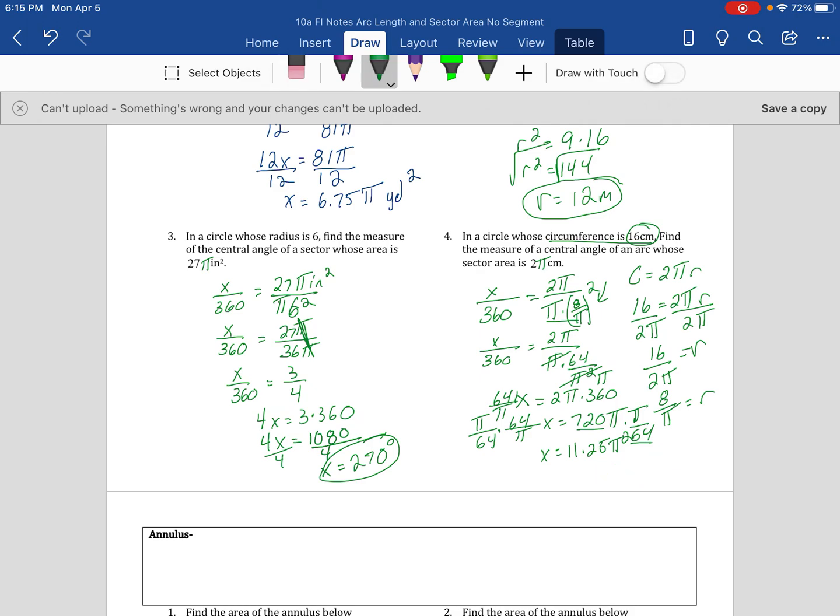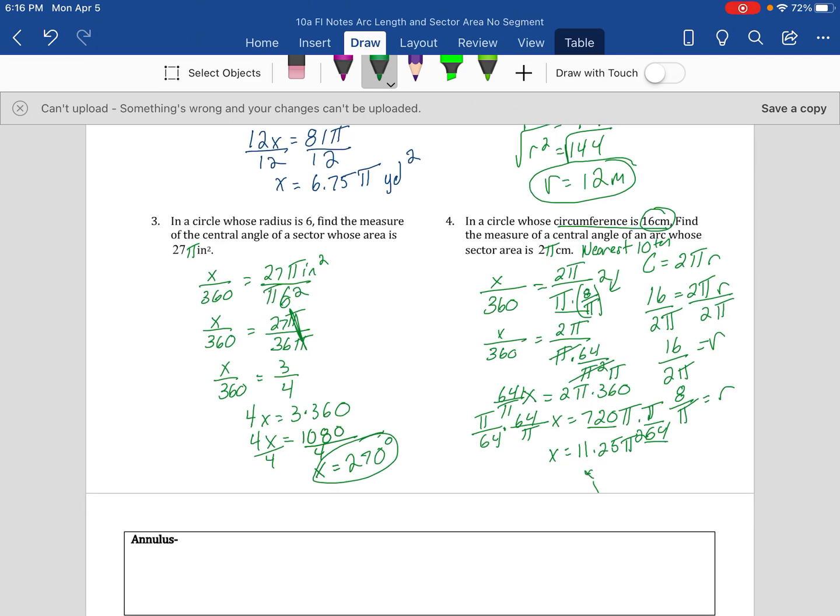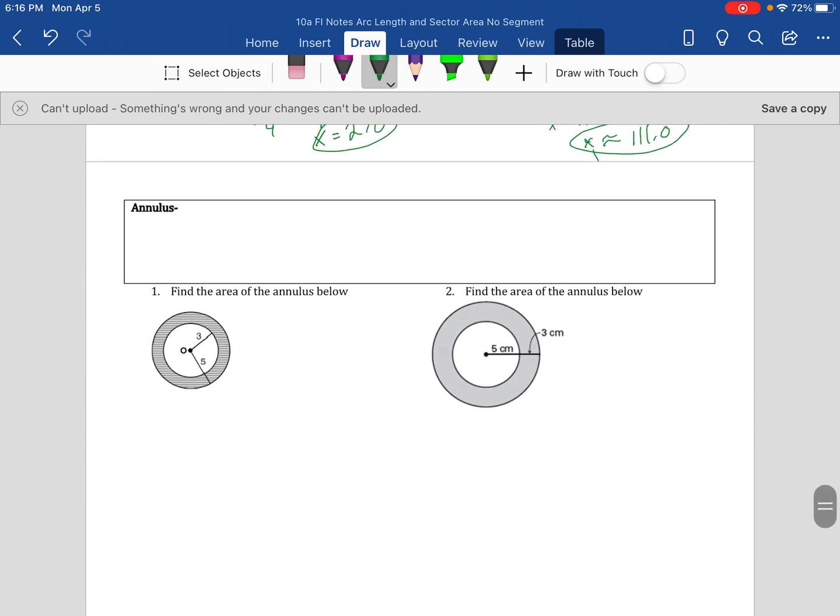But this is one of those problems where you're going to put it in the calculator. So you're going to round to the nearest tenth. So if you round it to the nearest tenth, it is approximately 111.0 degrees. And that's the answer to that one.